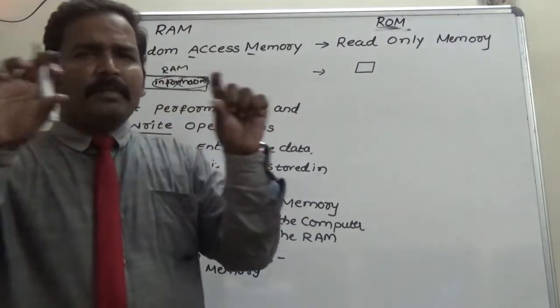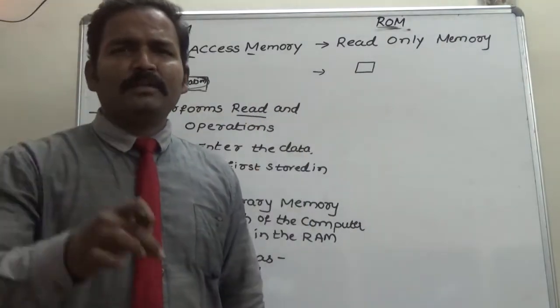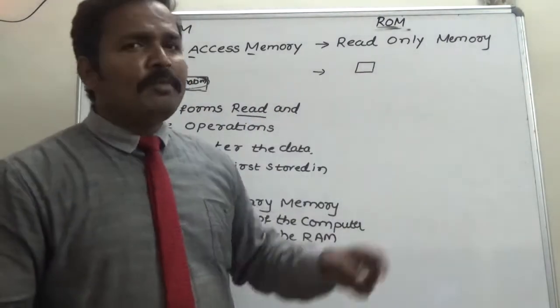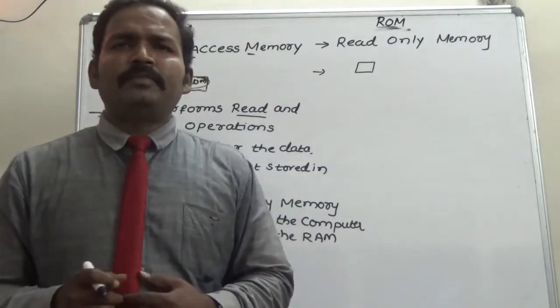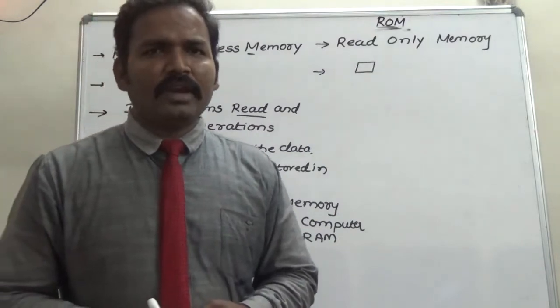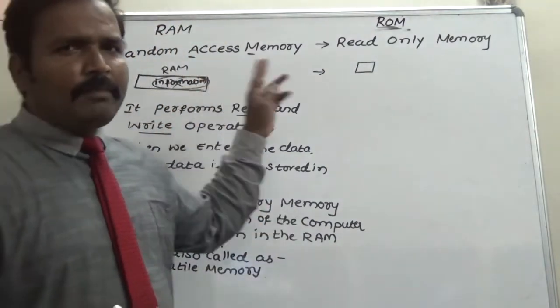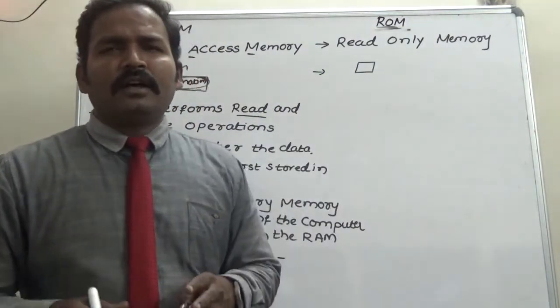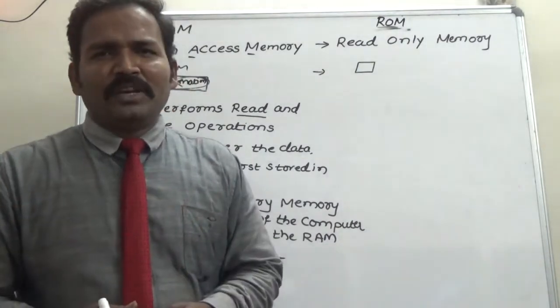RAM is a long memory chip which is present on the motherboard. ROM is a small memory chip which is also present on the motherboard. So both RAM and ROM are present on the motherboard only.